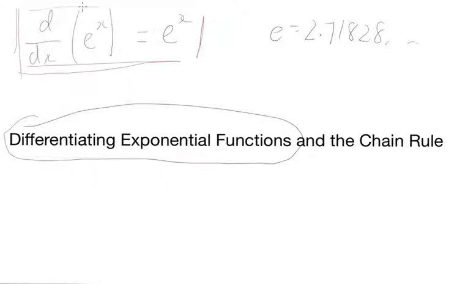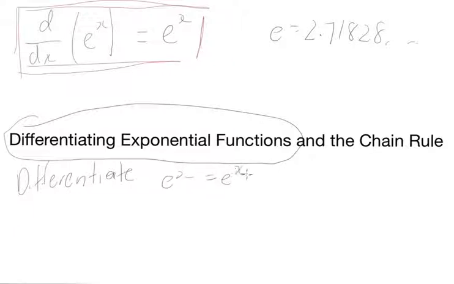Okay. Now, e to the x is a function. Chain rule. Function of a function. So differentiating e to the power of x, while that is easy, if the question says differentiate e to the power of x, your answer is just e to the power of x.